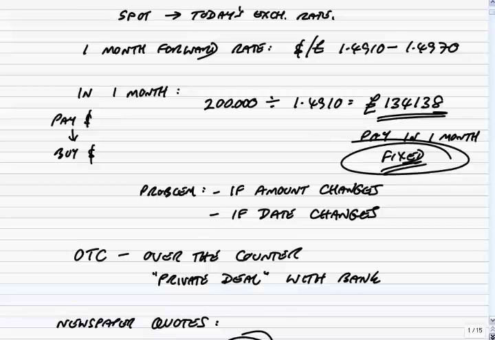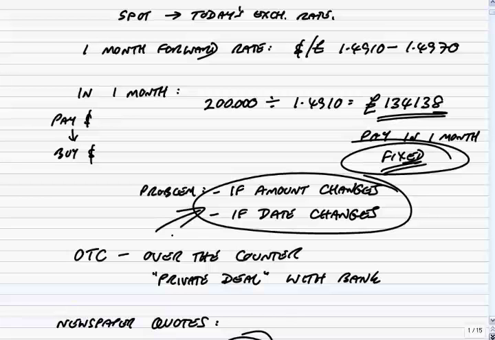Using a forward rate, the amount is certain. The disadvantage is that we have to convert a fixed amount on a fixed date. So if we're certain about the amount and the date, no problem at all. But in real life, of course, those problems could end up being rather major.